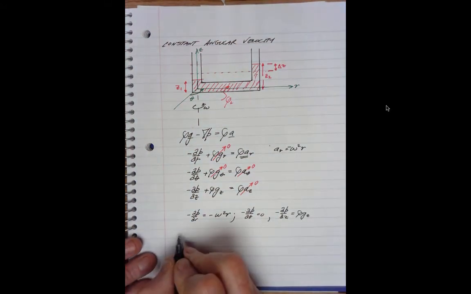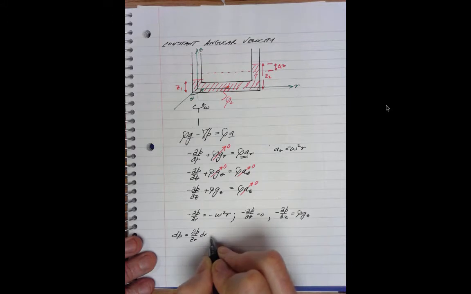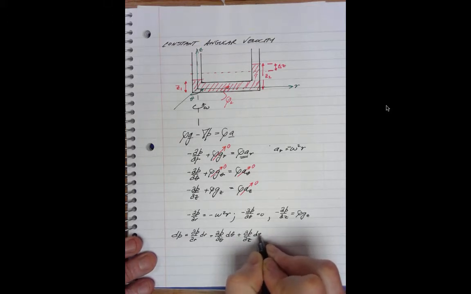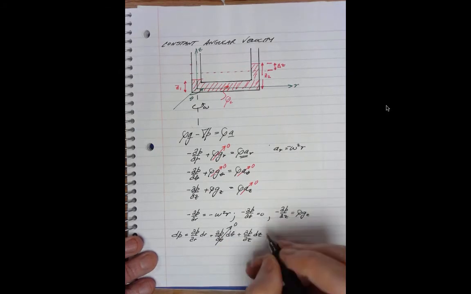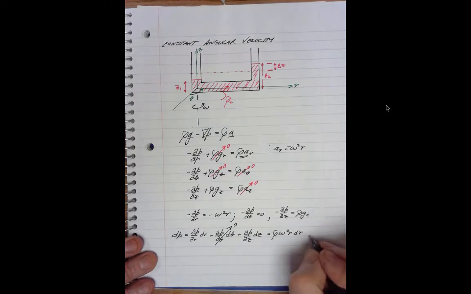Let's look at our pressure variation. dP equals dP dr times dr plus dP d theta times d theta plus dP dz times dz. That one vanishes. This equals rho omega squared r dr minus rho g sub z dz.